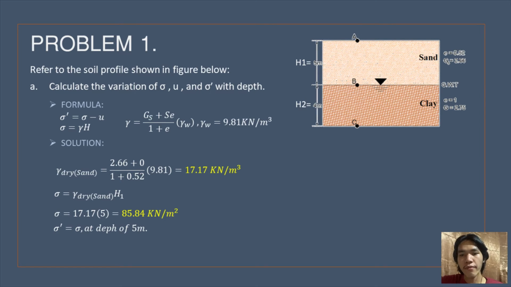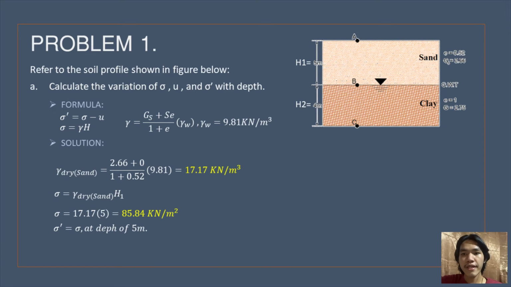The formula that we will be using is effective stress is equal to the total stress minus the pore water pressure, and the total stress is equal to the unit weight times its depth or height.